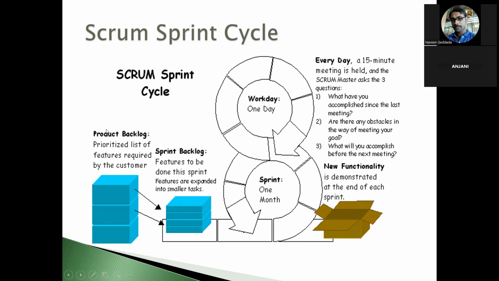So we will have the product backlog, which, as mentioned, will have the list of requirements to be delivered to the customer. This is nothing but the prioritized list of features required by the customer. And then we will have the sprint backlog. Say in the product backlog we consider three blocks, where each block has certain functionalities or requirements related to a particular module.